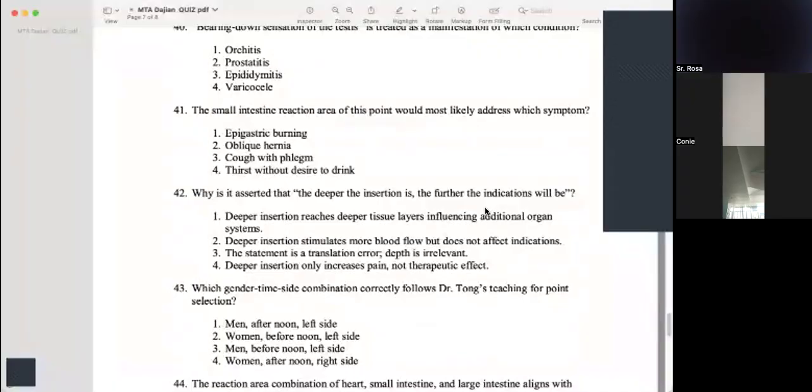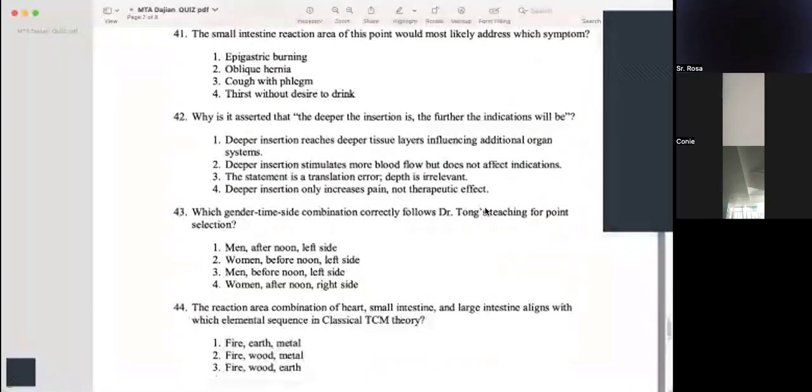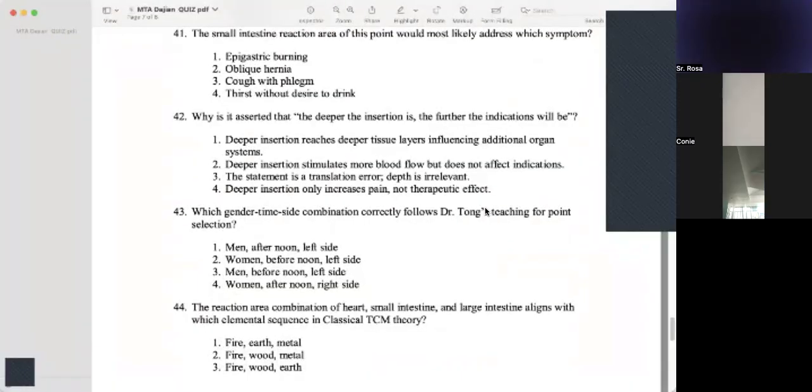Oblique hernia. Why is it asserted that the deeper the insertion is, the further the indications will be? Deeper insertion reaches deeper tissue layers, influencing additional organs.